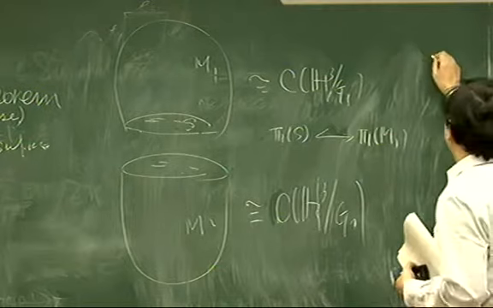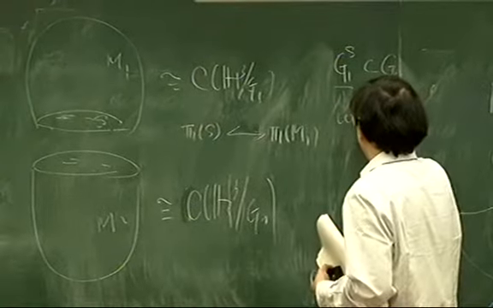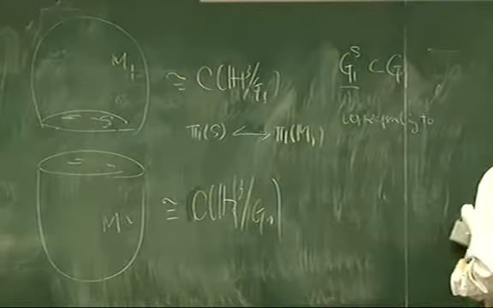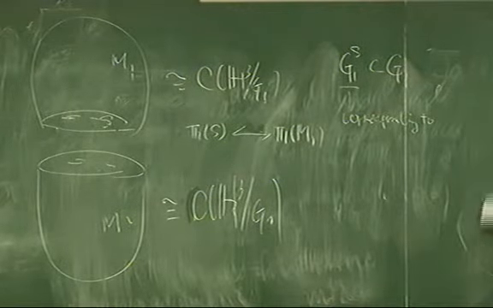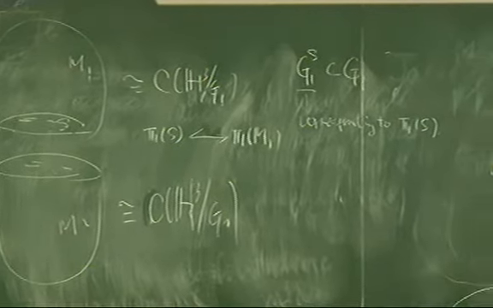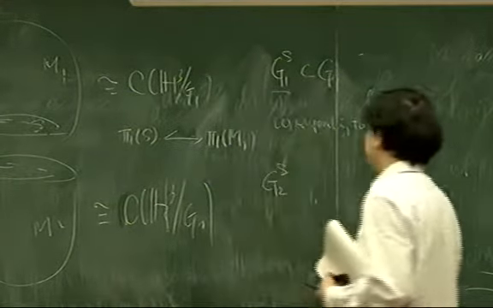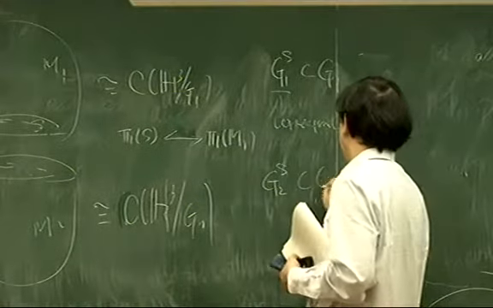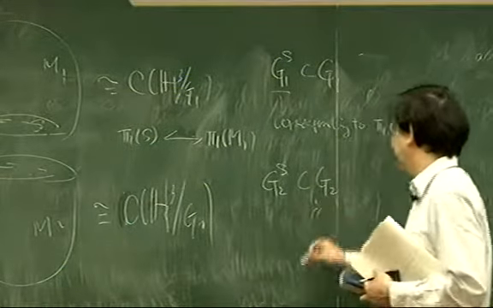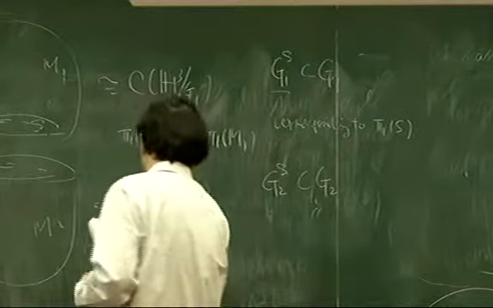So there exists G1_S inside G1 corresponding to pi_1 of S. Also, you have some group G2_S inside G2 corresponding to pi_1 of S. So, and suppose these two groups are conjugate to each other.